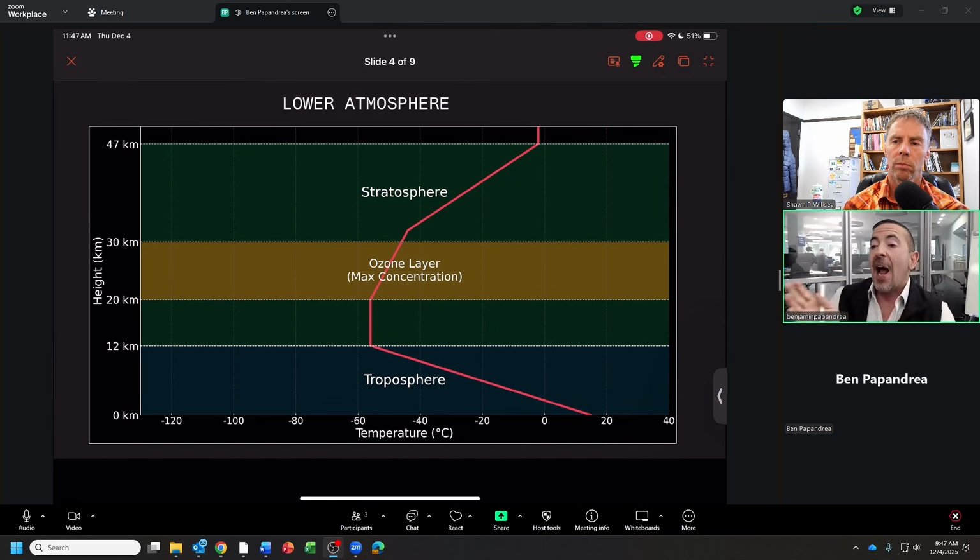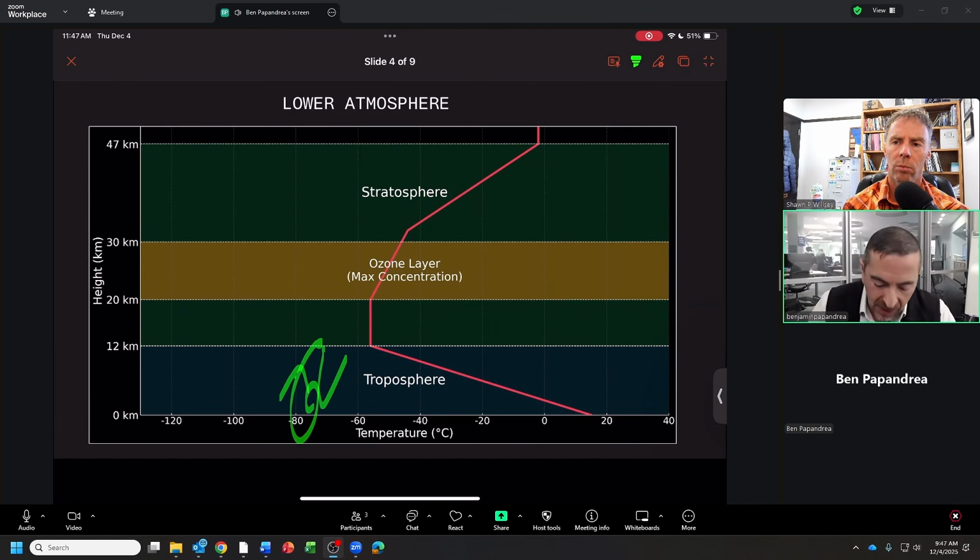Stratified, so the gases can actually layer by weight. The troposphere is nice and well mixed, the stratosphere, not so much. And the reaction of ultraviolet radiation with ozone gives off heat. So you release heat in the ozone layer.